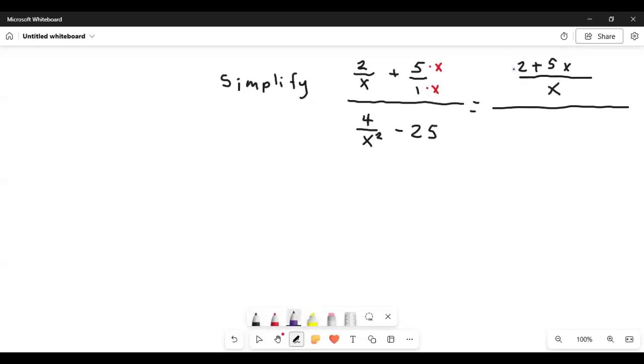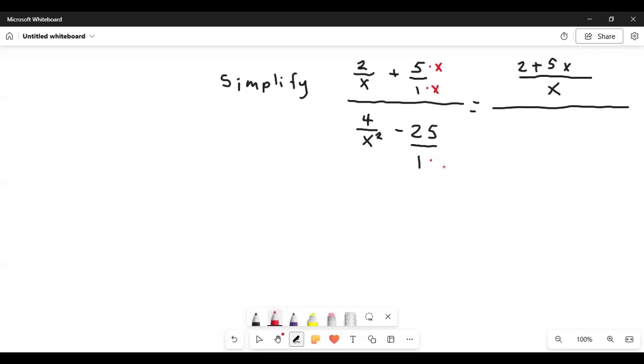Now, temporarily, we are going to ignore the top that we just worked on, and we're just going to look at the bottom now. 25 is technically a fraction. It's 25 over 1. Of the two fractions on the bottom, the common denominator is x squared.